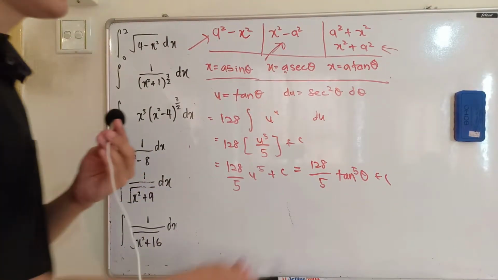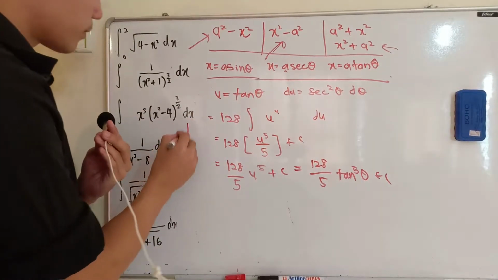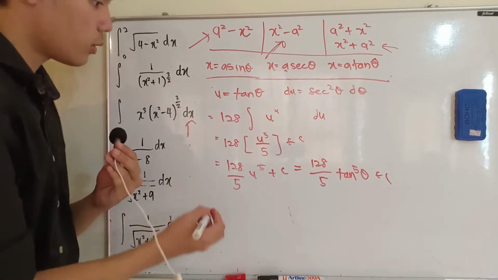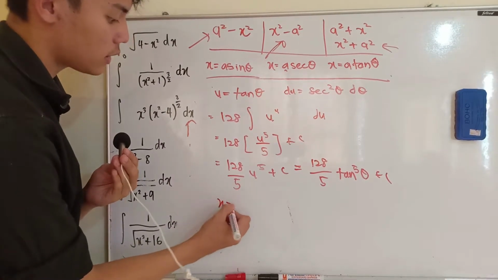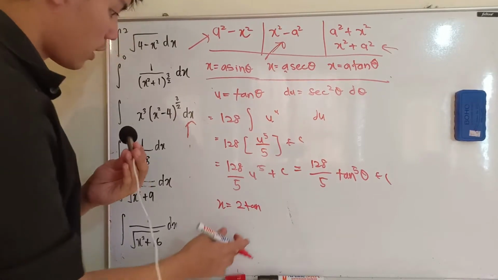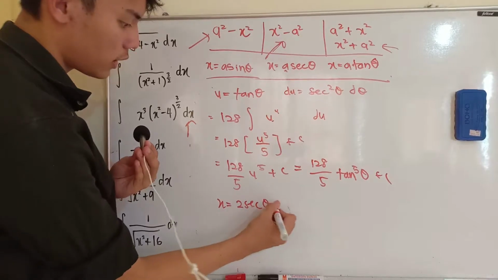Now I don't want it in the form of tangent, I want it in the form of x. Because I want to integrate x over here, just now I let my x equal 2 secant theta.